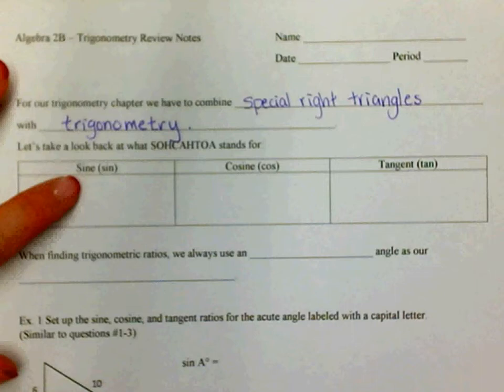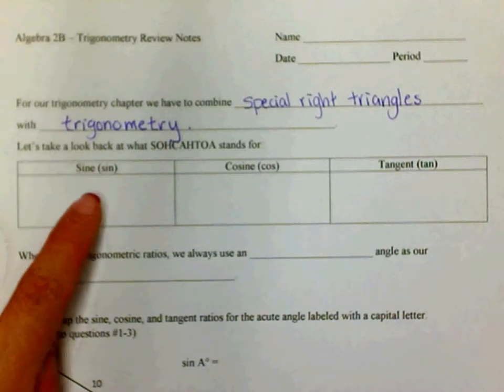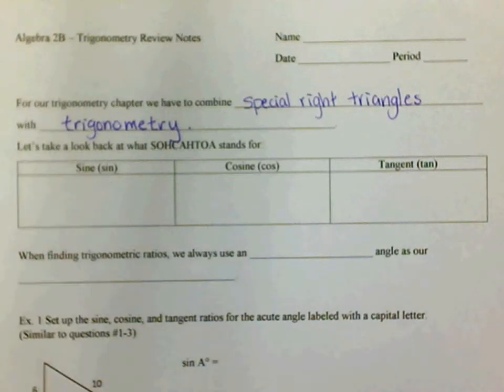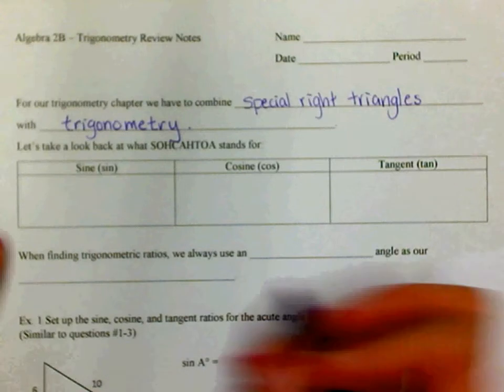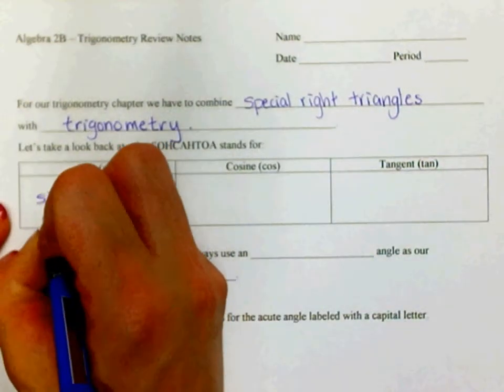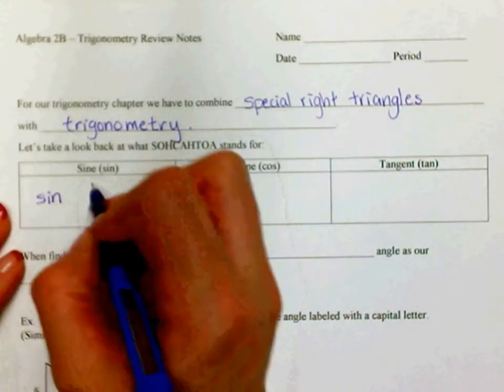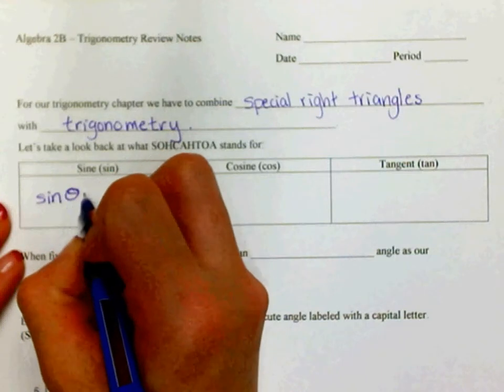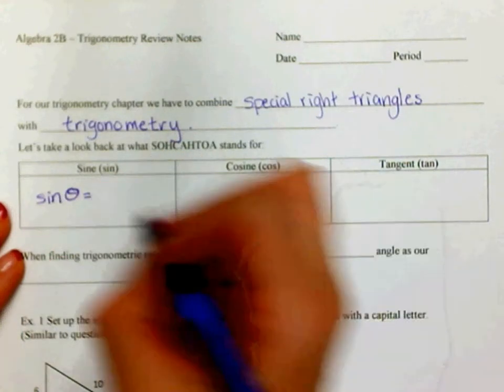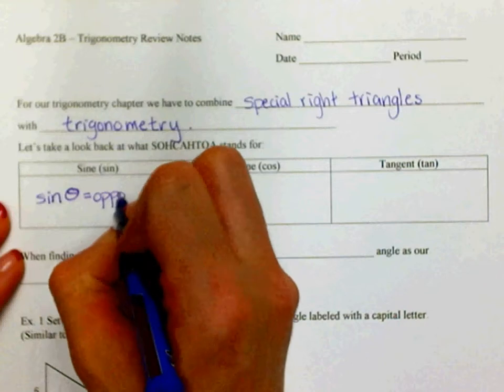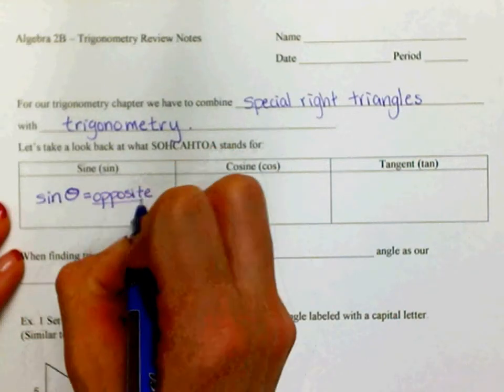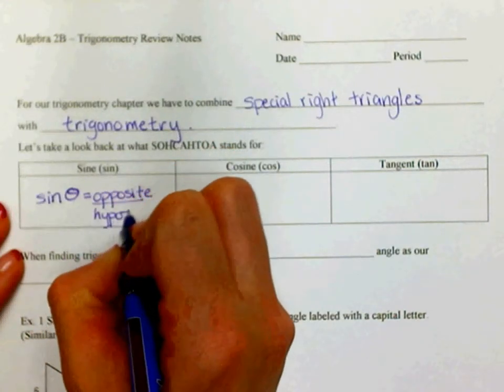So the function is called sine, and it's abbreviated SIN. The sine of some angle is equal to the opposite leg, we're just going to write opposite, divided by the hypotenuse.